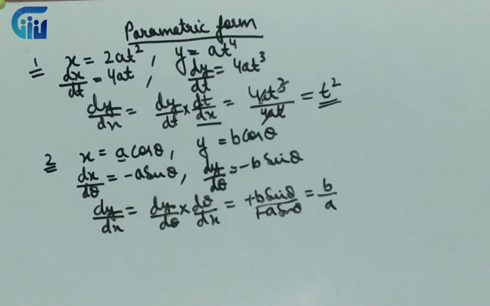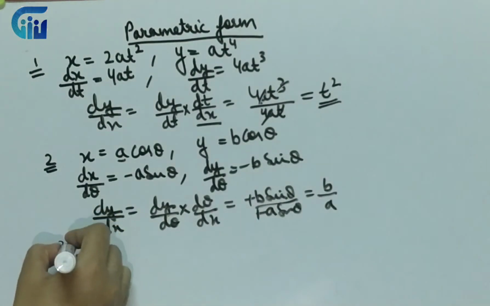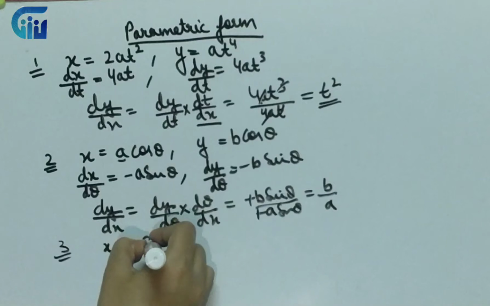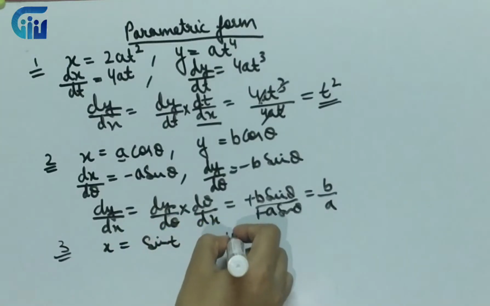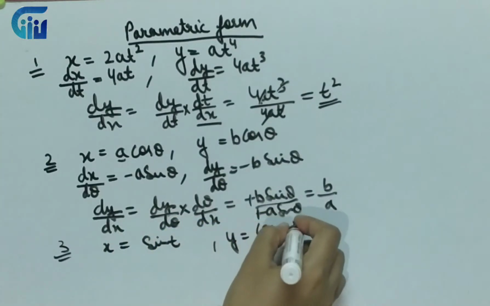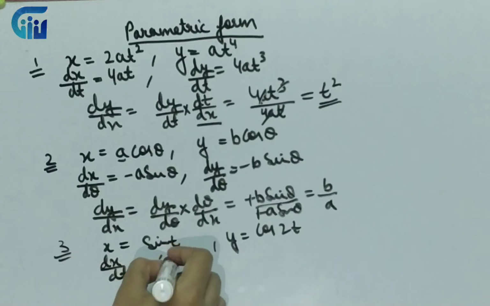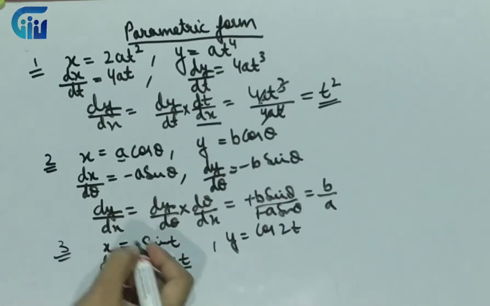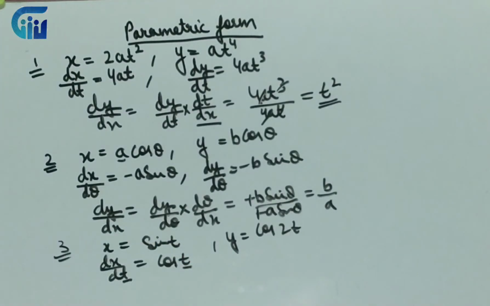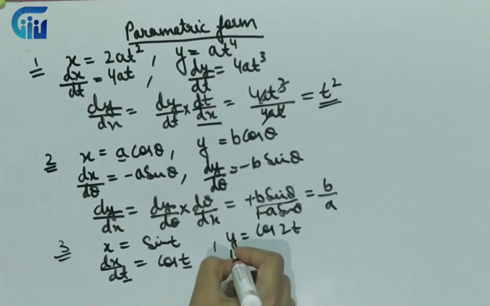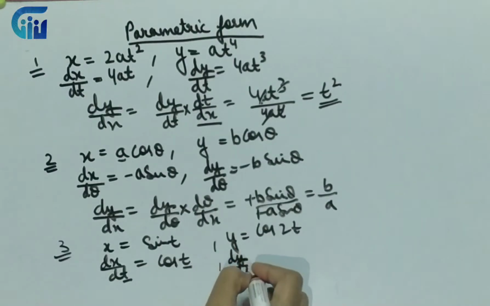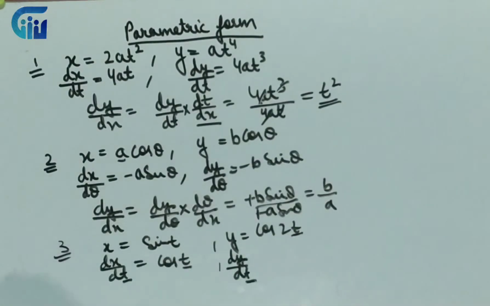Right? So next, question number 3. It says x is equal to sine t, y is equal to cos 2t. The derivative of x with respect to t, dx by dt, is cos t. The derivative of t with respect to t will be dt by dt, that is 1. Similarly, over here it is dy by dt with respect to t. Just observe with respect to which variable we are differentiating. If the same variable is present, then its derivative is always 1.